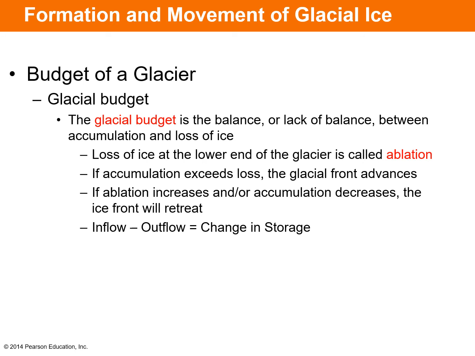So let's talk some more about the mass balance or the budget of a glacier. So the glacial budget is the balance or lack of balance between accumulation and loss of ice. As was sort of explained in the video regarding that ice shelf that had the massive calving event.